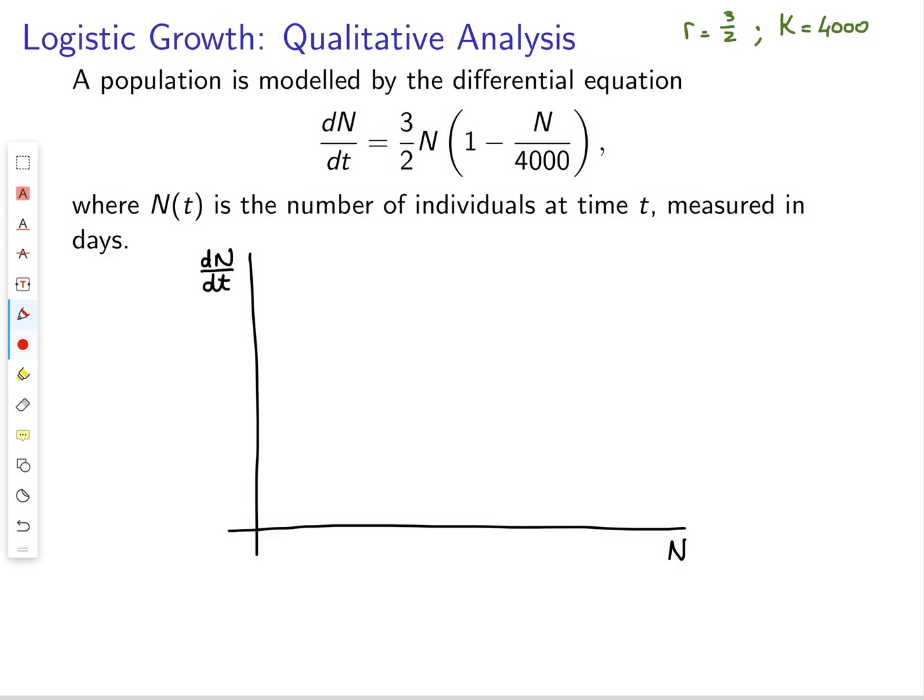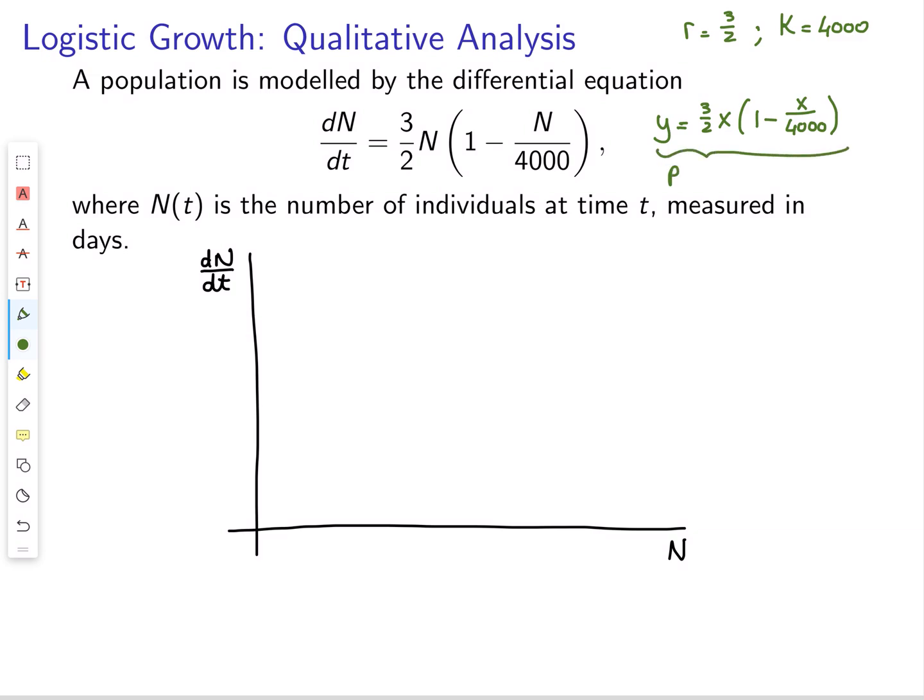And this may look a little bit odd at first, but if we rewrote this equation as y is equal to 3/2 times x times 1 minus x over 4,000, and I asked you what is the graph of that equation, I think you would all say, oh, well, that's just a parabola that is opening down.